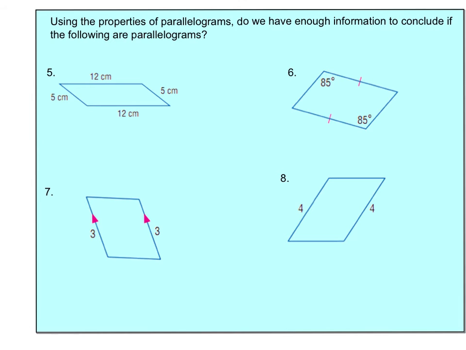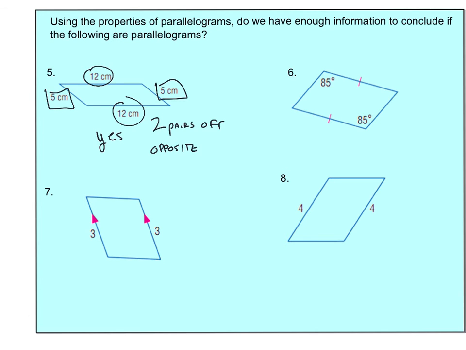Well, let's see. For number 5, this is 12, this is 12, this is 5, this is 5. So I would say yes. You get two pairs of opposite sides that are congruent.